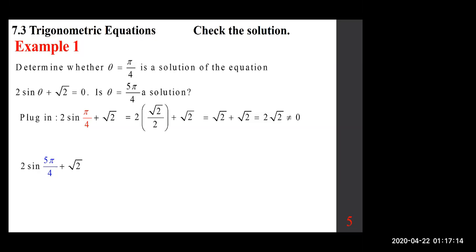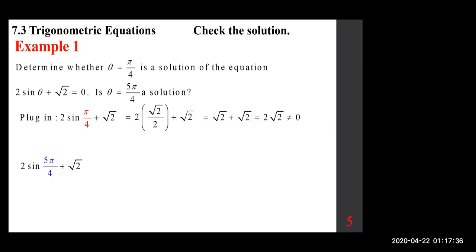And I hope you see and you recognize immediately that your reference arc is pi over 4, which means, numerically speaking, sine of 5 pi over 4 and sine of pi over 4 are the same. It is just positive, negative you have to figure out.